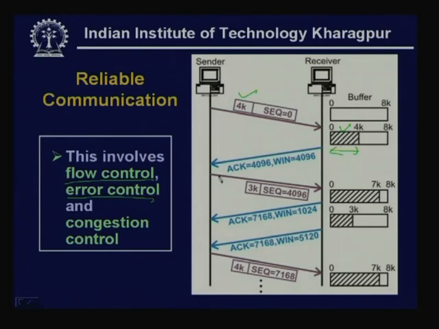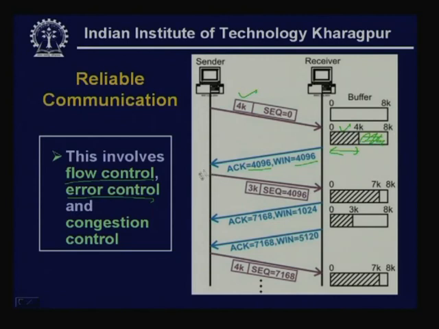and it sends an acknowledgement with 4096. So, that is the beginning of the sequence number which the receiver is expecting, and window size 4096 because the 4K window is now free. So, that is mentioned here, that the window available is 4K.